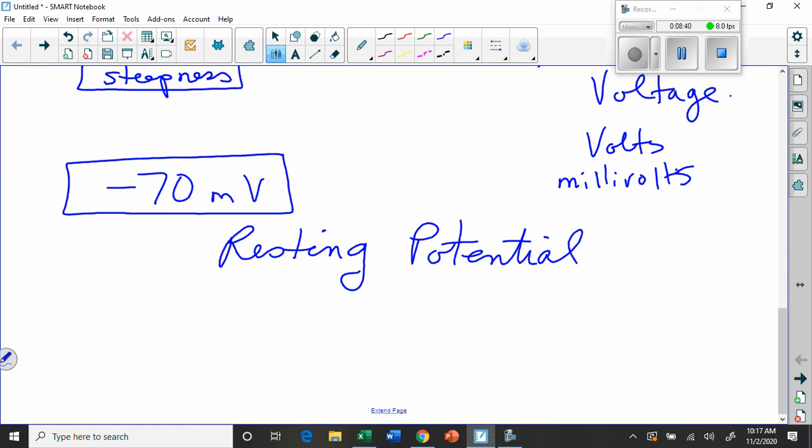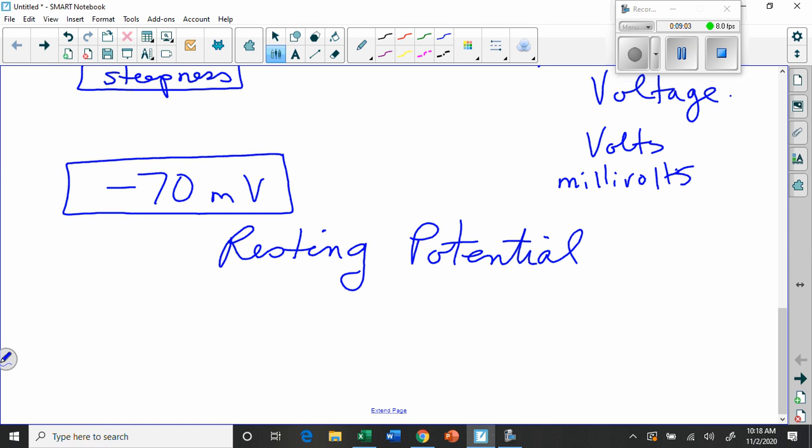When you disturb the cell in some way, and this disturbance could be a physical disturbance, like a pressure or a push, it could be a chemical concentration difference that causes this disturbance. In other words, if you do something that affects the membrane of the cell in some way, it will change the way the membrane is permeable to sodium and potassium.